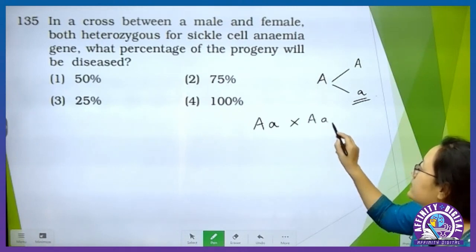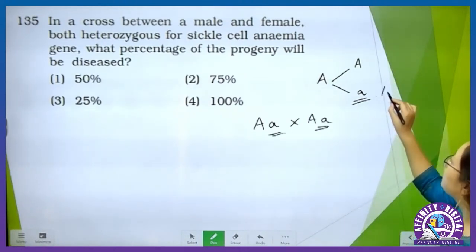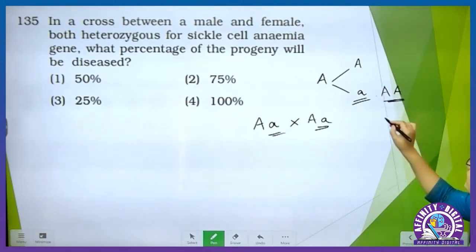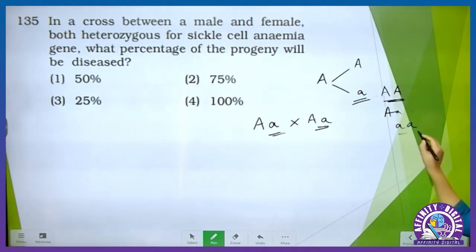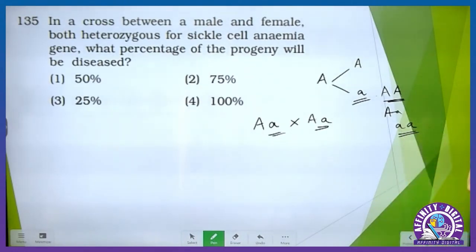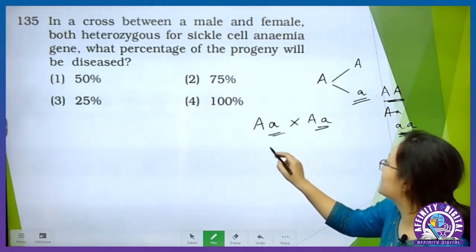The normal person will be AA. This will be heterozygous, and the disease, of course, being recessive, sickle cell anemia, will express when the recessive gene is in the homozygous condition. Disease will be aa like this.